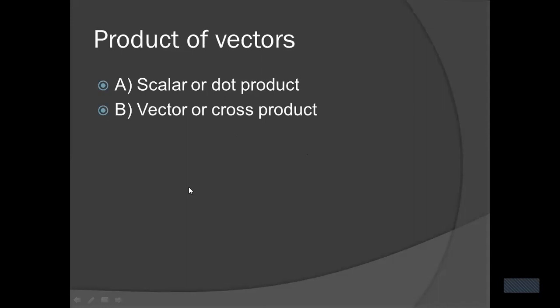can be multiplied in two ways. First is the scalar or dot product, and second is the vector or cross product. So today we'll see only the scalar or dot product, its applications and examples on that. So first we'll see the scalar or dot product.